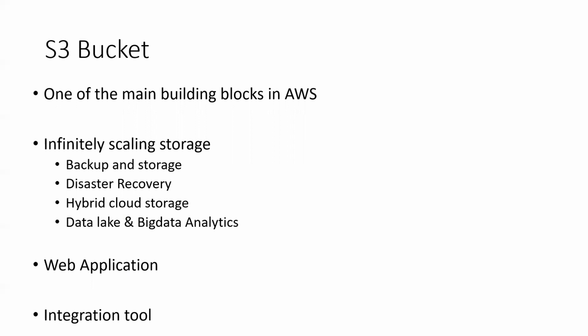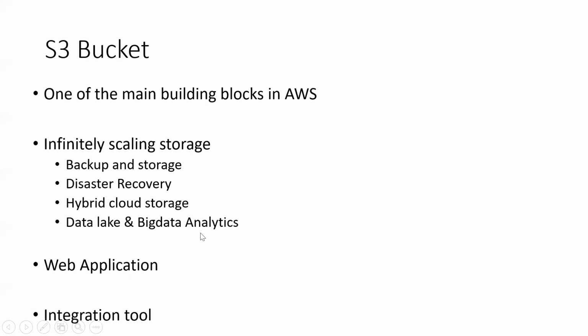It's obviously one of the main building blocks in AWS. The scaling storage is large, so we can put as many files over there with no issue. S3 is auto scaling, so we can put anything, but based on the memory we are using, it will be chargeable. Especially it should be used as a web application integration tool.